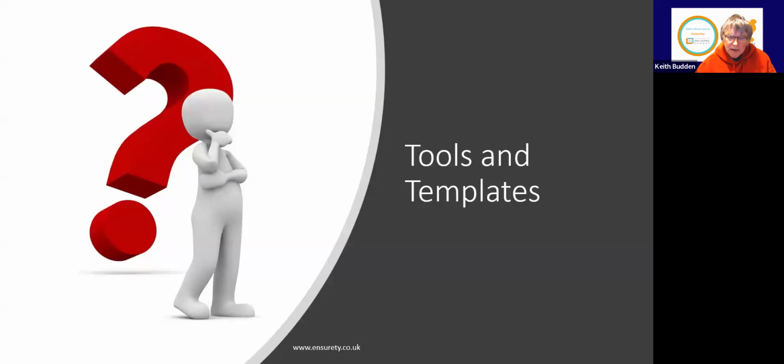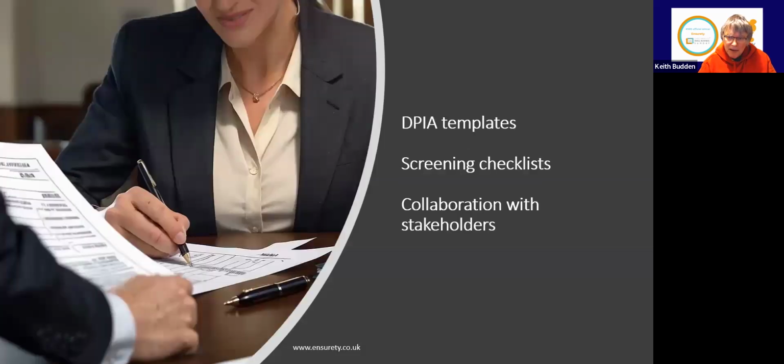So in terms of tools and templates, we have a DPIA template, which we'll be sending out with the notes from this session, which you're more than welcome to use. Very importantly, though, not every process actually needs a DPIA.